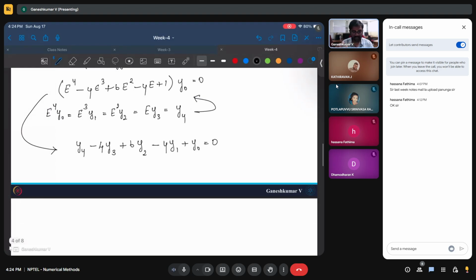Basically, we had 4 data points, and now I expressed a polynomial with these values, y0, y1, y2 and y3, and we know this is equal to 0. In this we know 4 things, so we can find the 5th one. That's how I fitted the polynomial.